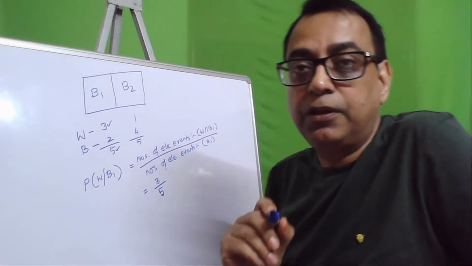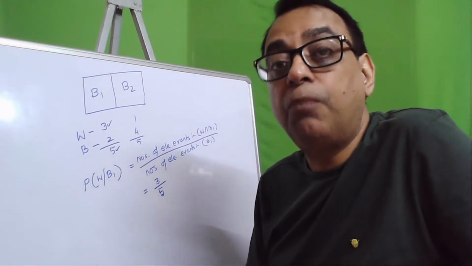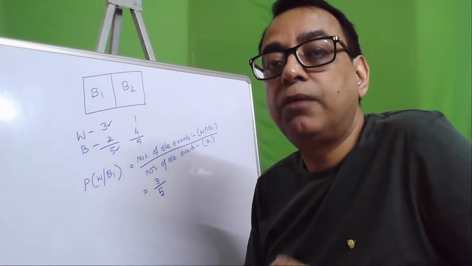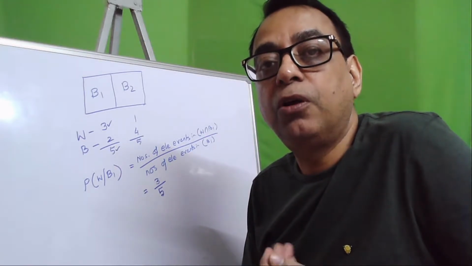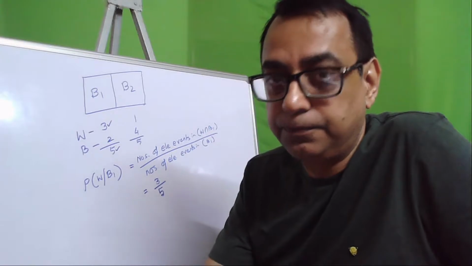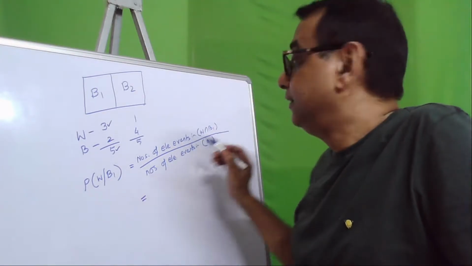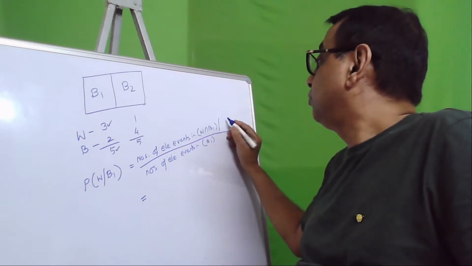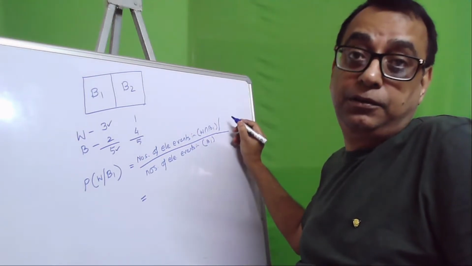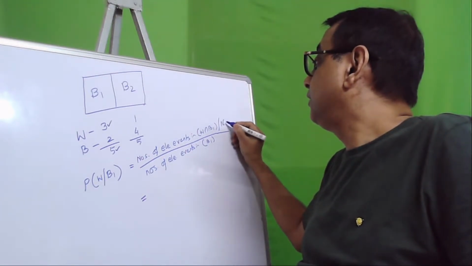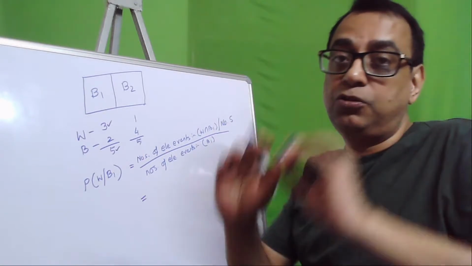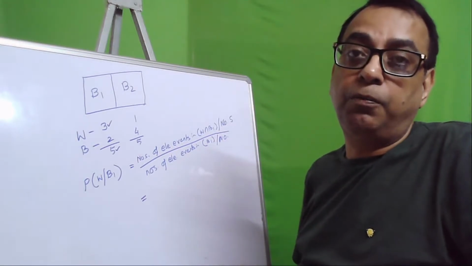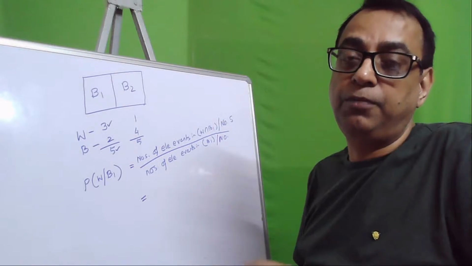However, please remember that we cannot find the number of elementary events all the time. Many times it is given in terms of probability. So we have to convert this into a formula of probability. How do you do that? Both these parts we divide by the total number of elementary events in the sample space.